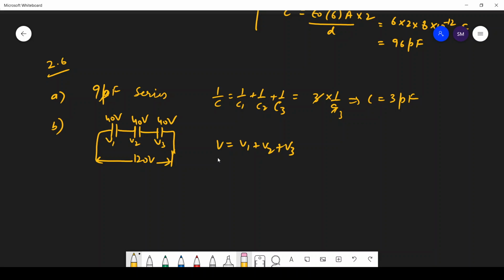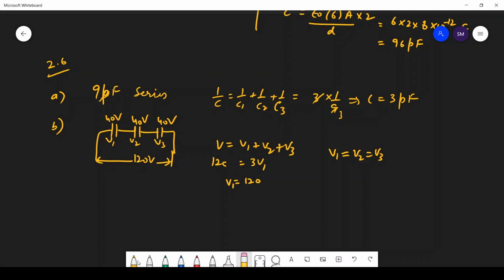So you can write here 120 volt is equal to, since all of them are the same, V1 is equal to V2 is equal to V3, let me write 3V1. So V1 would be equal to 120 volt divided by 3. Here volt is the unit, don't get confused.